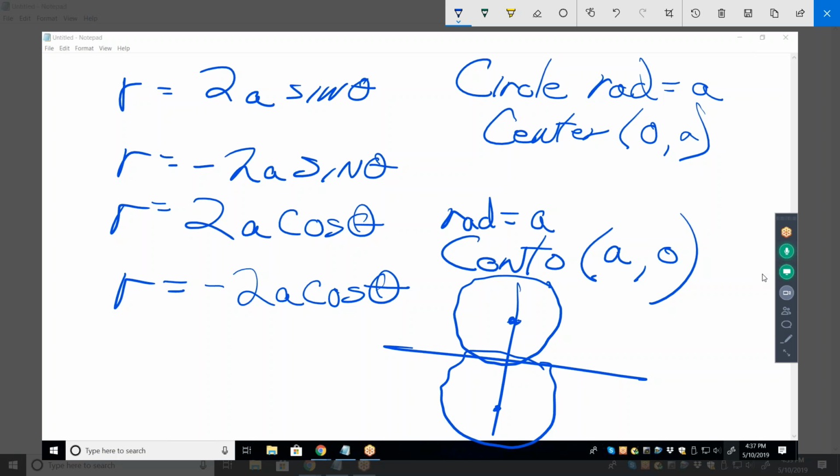The third one is centered right there with radius a, and obviously the fourth one is right there. So if you wanted the equation of any of those four circles, it's one of these four over here. I don't know that that's so helpful.